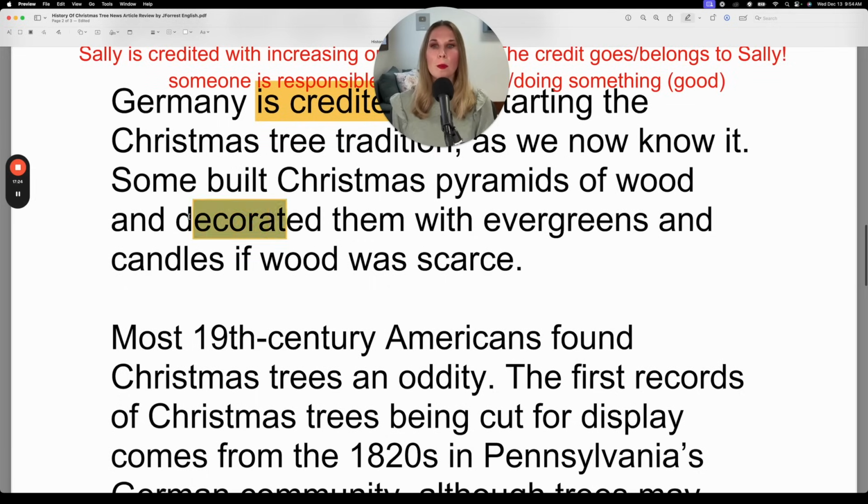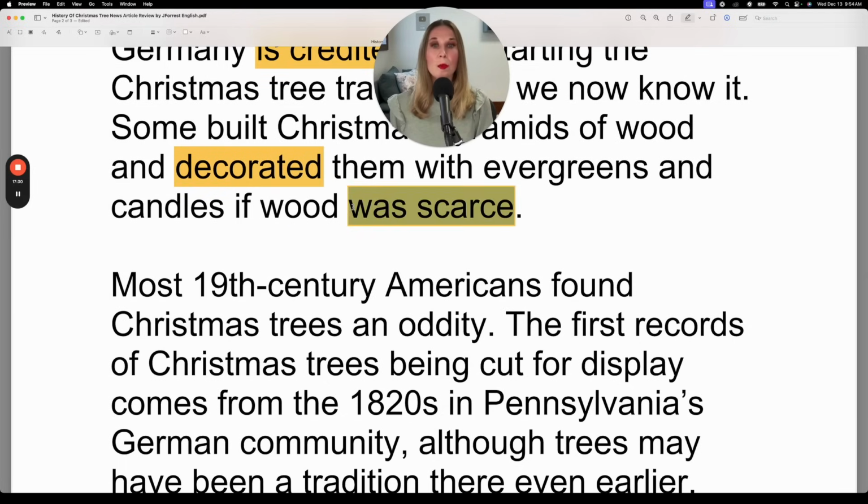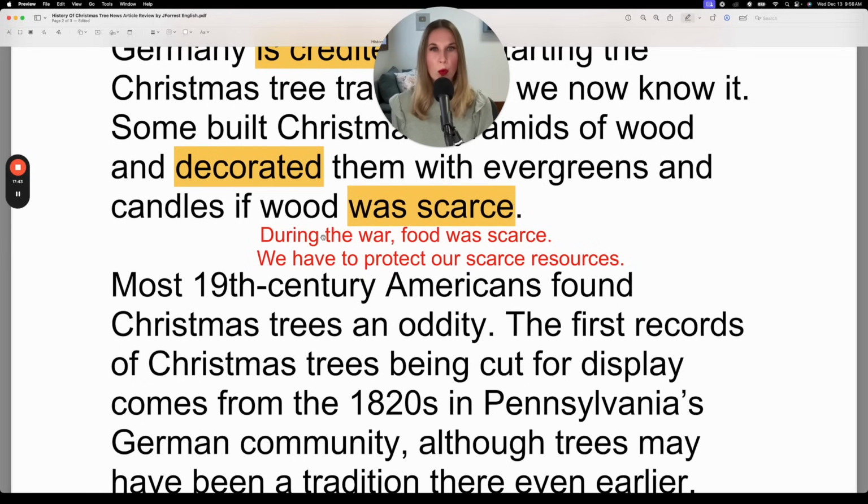Okay, our verb decorate this time in the past simple. And scarce, to be scarce. When something is scarce, it means there isn't a lot of it. It's in short supply. And because of that, it's considered very valuable because it's scarce. For example, during the war, food was scarce.